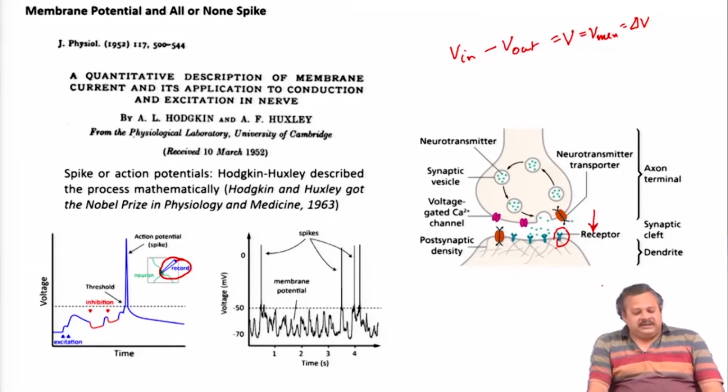So, let us delve into how this membrane potential is actually created in the neuron, and how this changes with time.